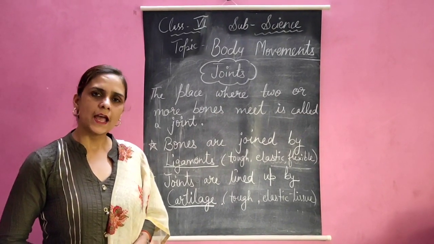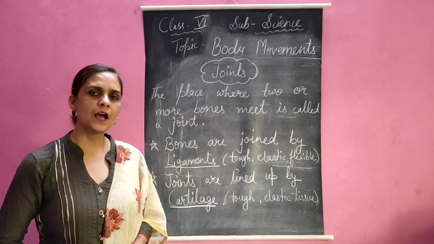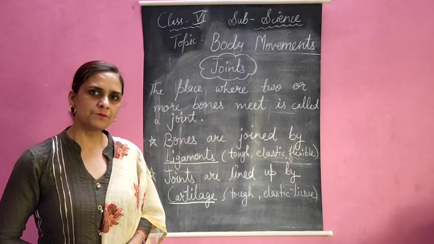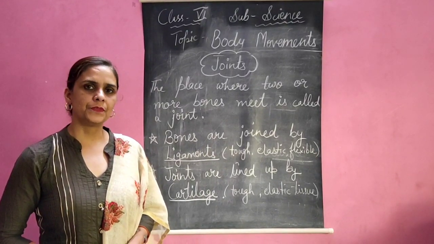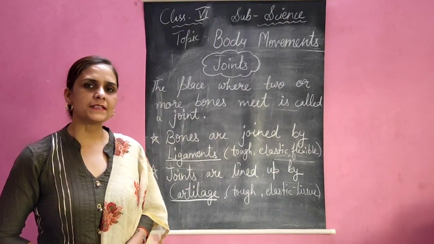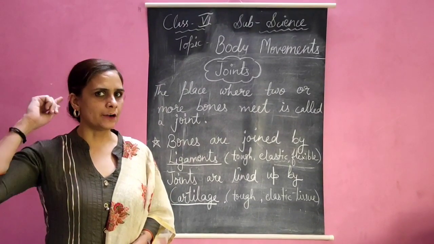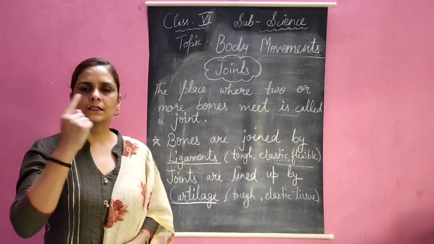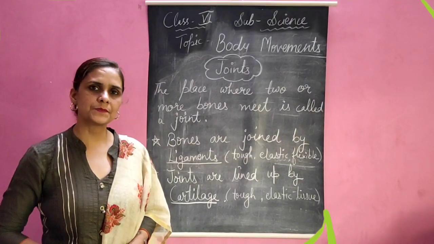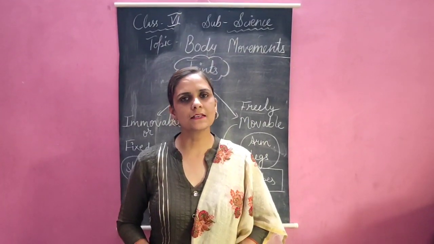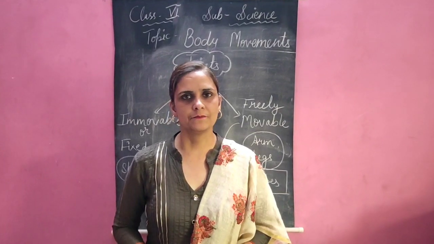This cartilage helps to reduce the friction and damage to the bones at the joint. Cartilage is even present in some other parts of the body like the outer ear and the front part of the nose. Now, let us discuss the types of joints.